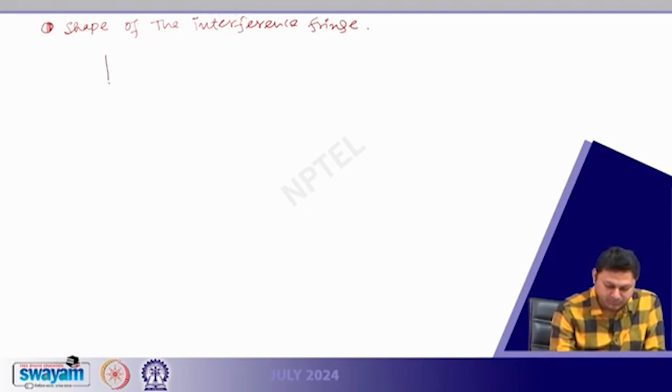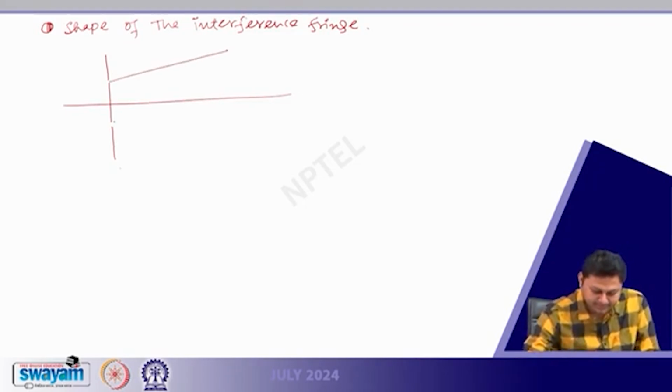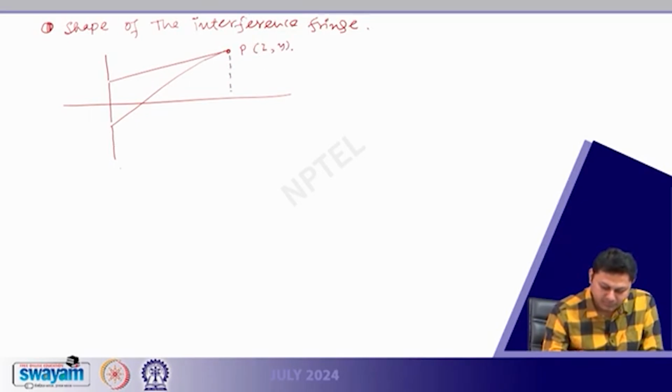So let me draw. We have two sources and this is the point P, whose coordinates are, say, z, y. This is the y direction and this is z.